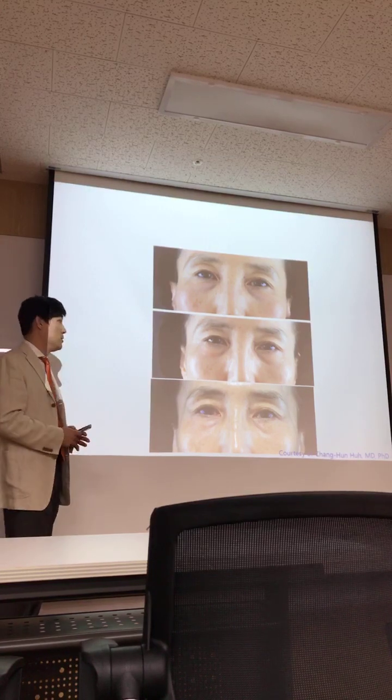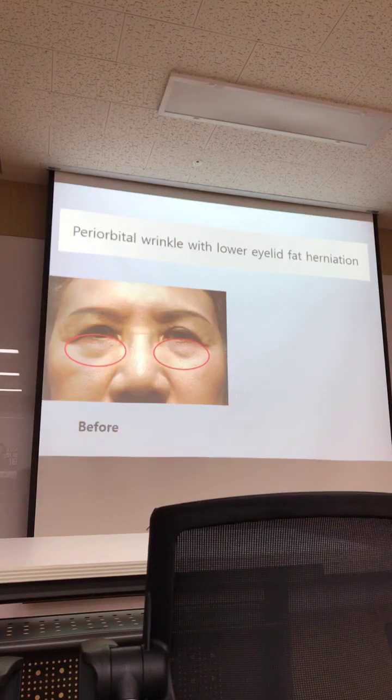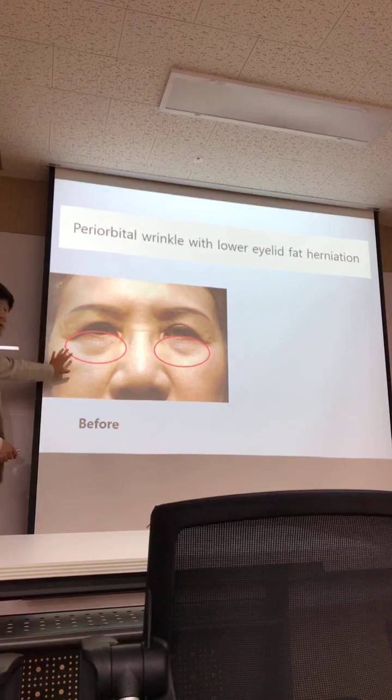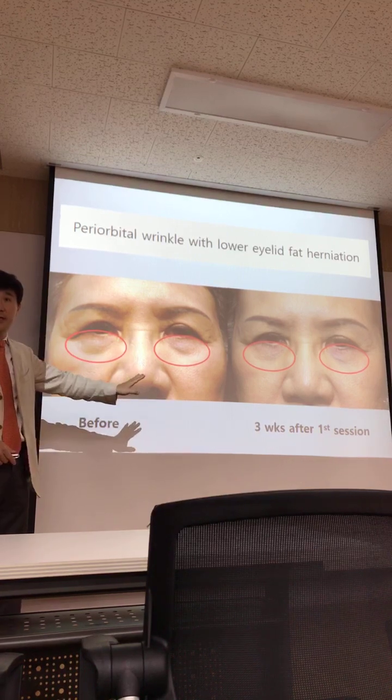This is a lateral view. You can see the bulging here is flattened after treatment. She's my mother, and she was the first patient 3 years ago. I treated her with skin tightening only the first time.